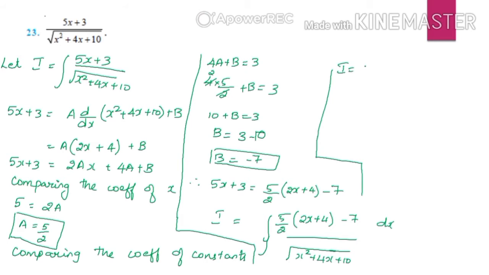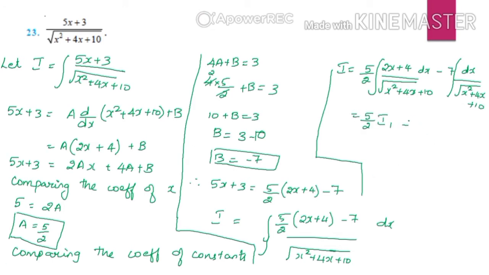I is equal to 5 by 2, a constant we can keep outside, integral (2x plus 4) divided by square root of x square plus 4x plus 10 dx, minus 7 integral dx divided by square root of x square plus 4x plus 10. So I is 5 by 2 I1 minus 7 I2. Now we have to find the value of I1 as well as I2, and after finding that, substitute in I.